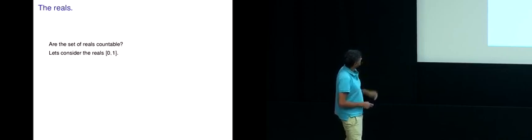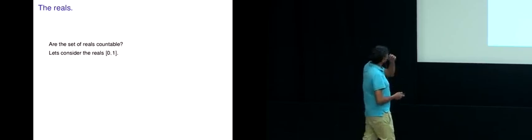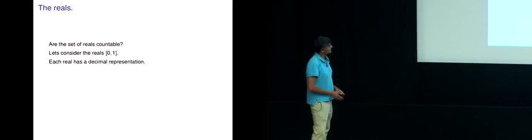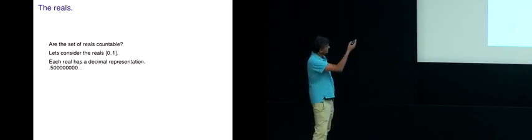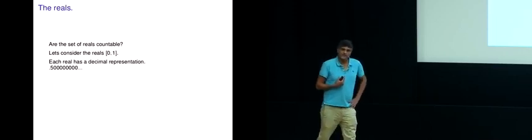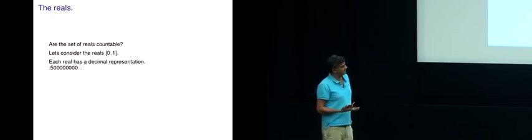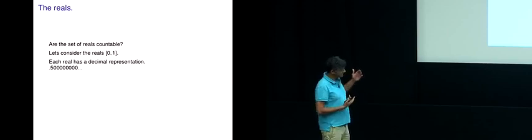Anyway, okay, let's think about whether the set of reals is countable. Now you should listen. Let's consider the reals between 0 and 1. Each real has a decimal representation, right? Like 0.5. How might I write it if I wasn't doing this lecture?